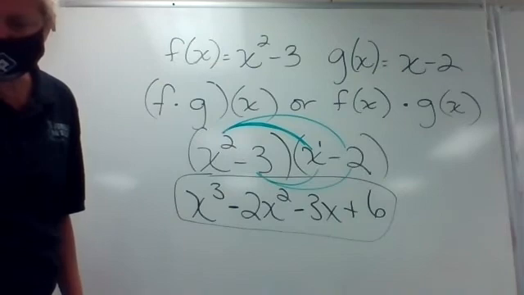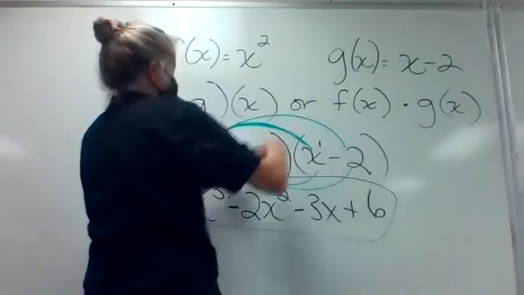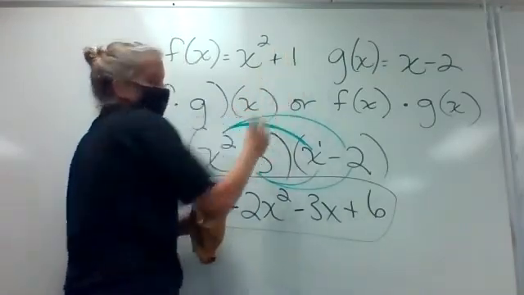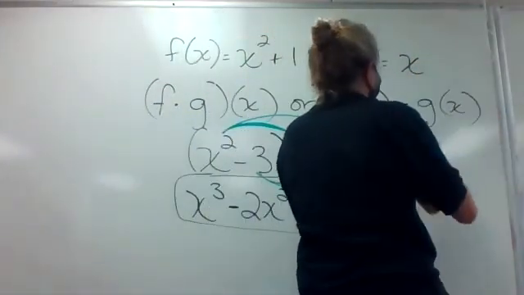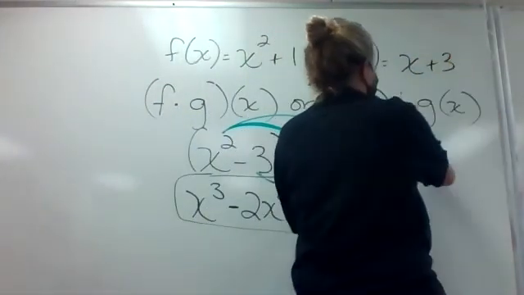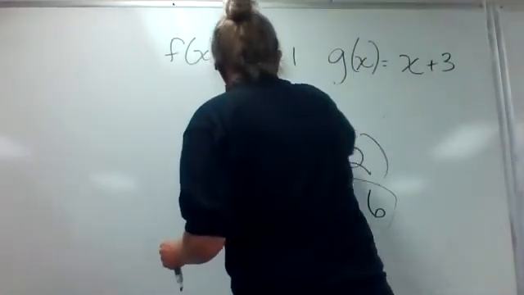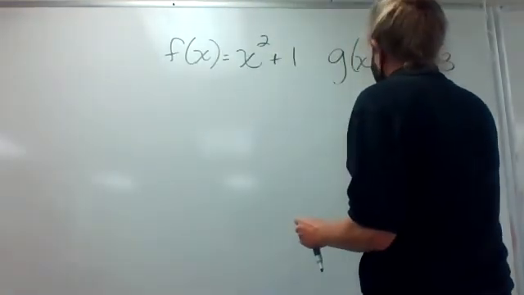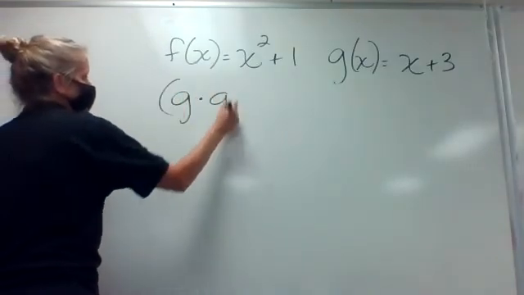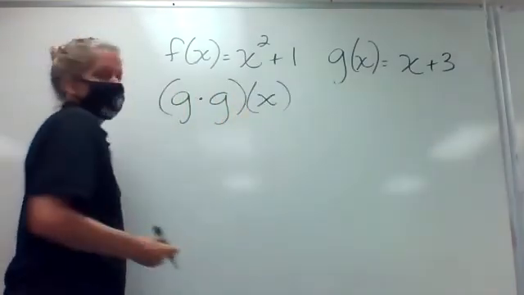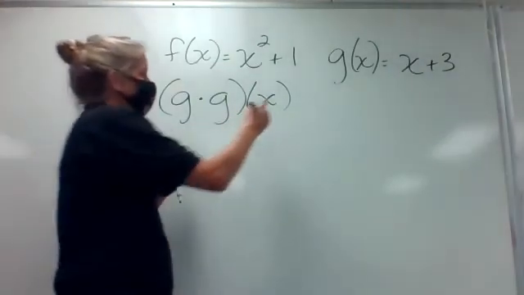All right, number 3. My f of x is x squared plus 1. My g of x is x plus 3. I want to find g of x times g of x.